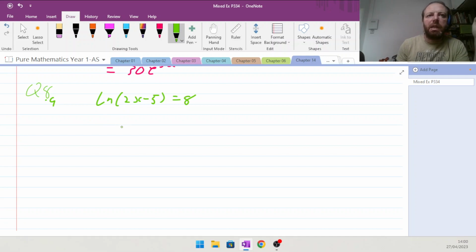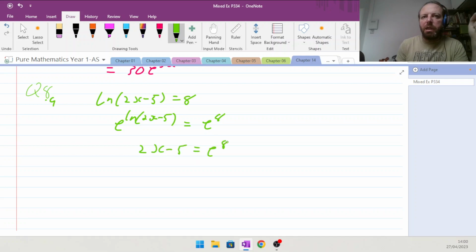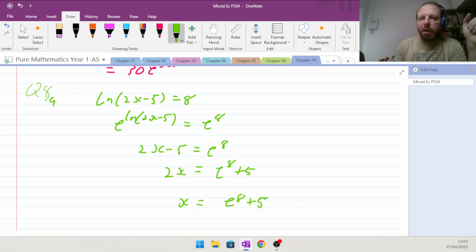So if we have e to the power of ln(2x minus 5) equals e to the 8, that cancels itself out to give you just 2x minus 5 equals e to the 8. 2x is equal to e to the 8 plus 5, giving you a value of x is equal to (e to the 8 plus 5) over 2.